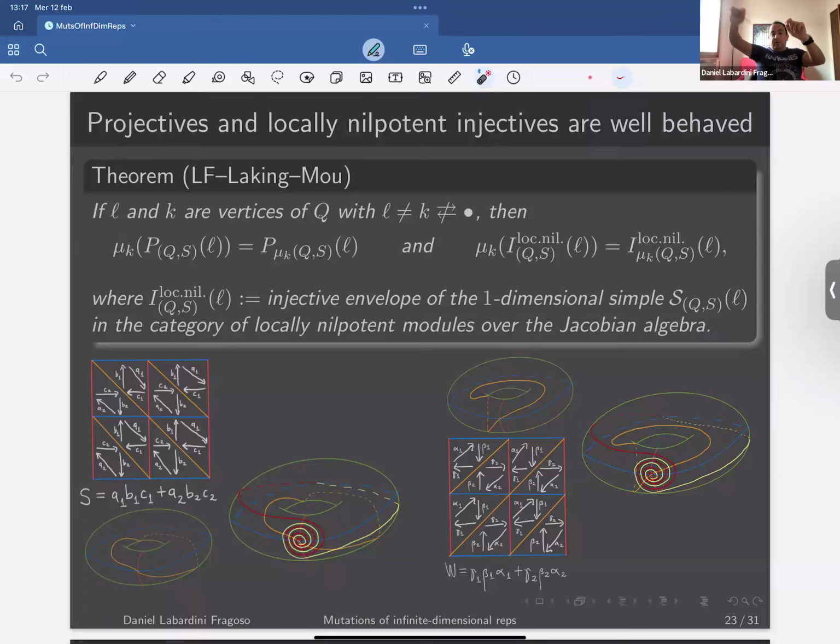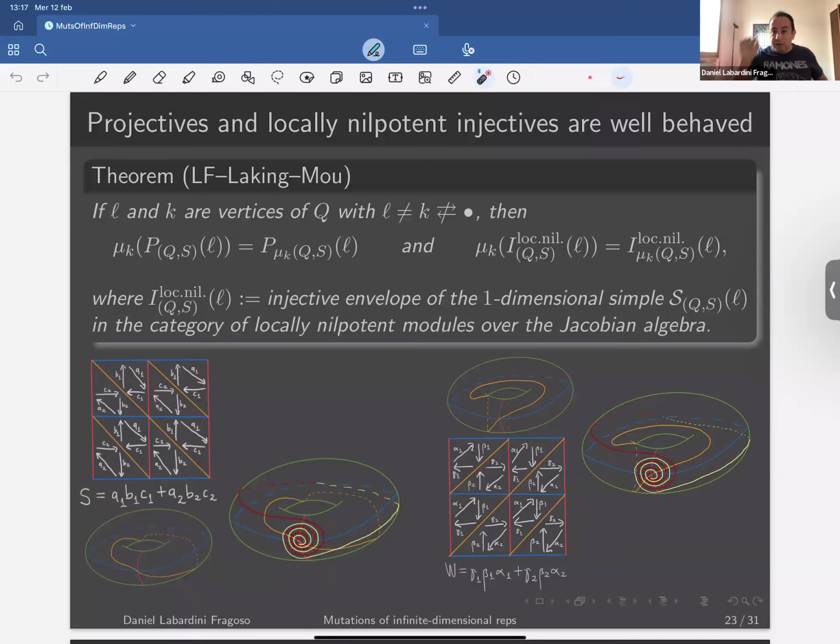Of course, locally nilpotent means that maybe if you let the vector vary, the index of nilpotency may be unbounded, but for each vector you have nilpotency.